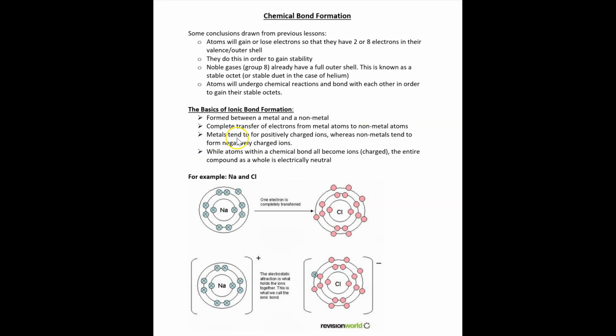Metals, therefore, tend to form positively charged ions, whereas non-metals tend to form negatively charged ions. When the atoms become ions and come together because of the attraction between the negatively charged and positively charged ions, the new compound that is formed is electrically neutral.